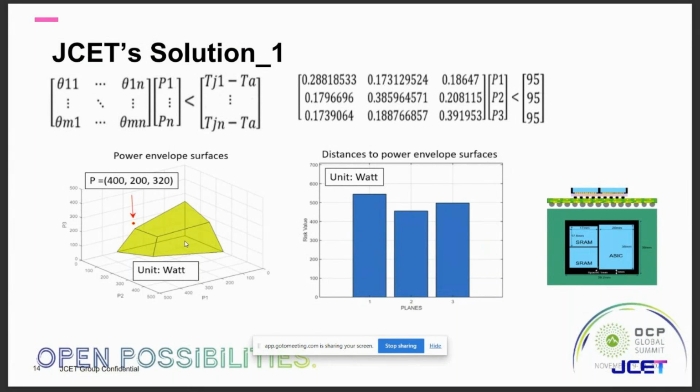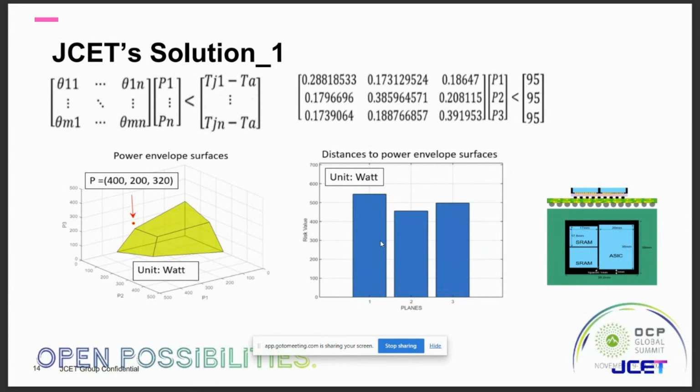Suppose a circuit designer designs powers of 400, 200, and 320 watts. Then we can see that this set of power magnitudes is outside of the power envelope surface, so it means that this set of power is not safe.